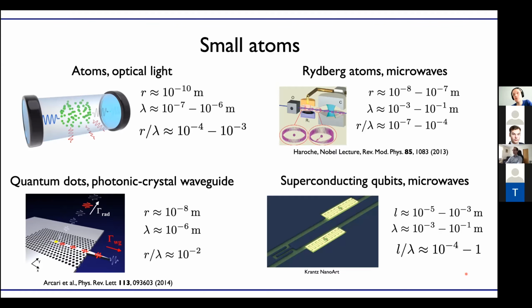But because it's an exciton and not an atom, I think the size can be up to 10 microns. So is a Rydberg exciton, in that sense, another giant atom?